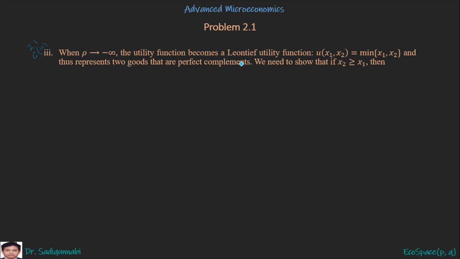That means u(x1, x2) is the minimum of x1 and x2, and thus represents two goods that are perfect complements. So question number 1 was perfect substitutes, now it is perfect complements, and question number 2 C2 was bowed to the origin.